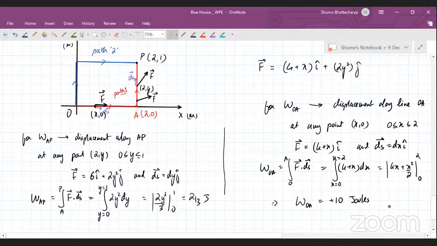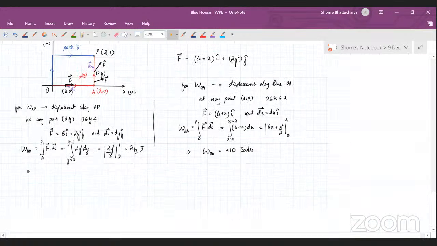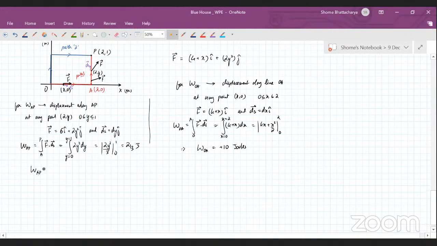Okay, so the work done from A to P becomes 2 by 3 or approximately 0.67 joules. So now we can see that the work done in path 1 was the sum of work done for this plus this, so that becomes plus 10.67 joules.